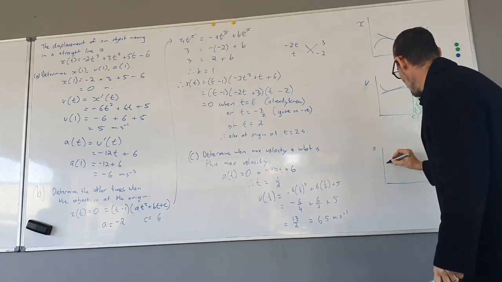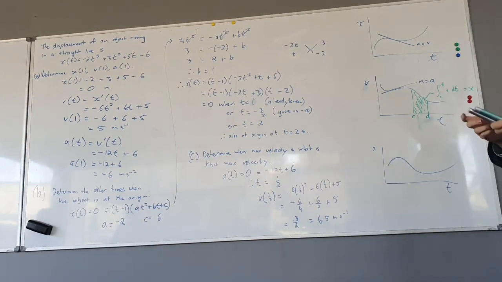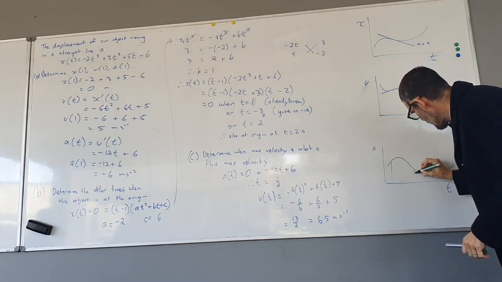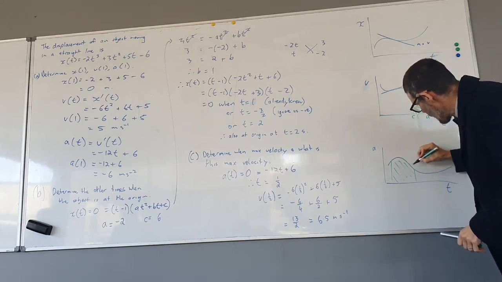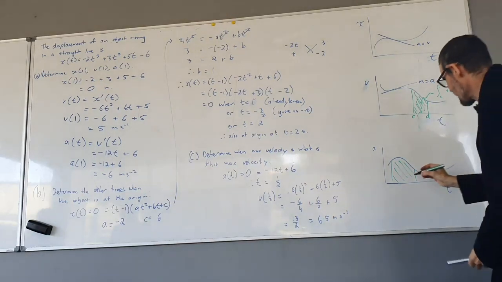Acceleration and time. Eddie and Travis know what the gradient represents. Jerk. We don't need to do jerk. But what's the area under that curve represent? Velocity. Correct. Well, actually it's change in velocity.